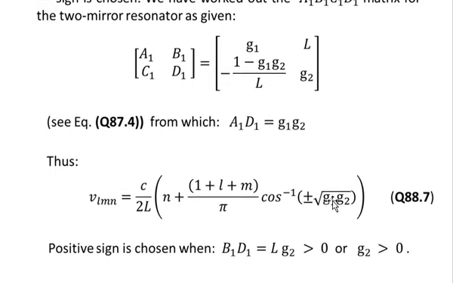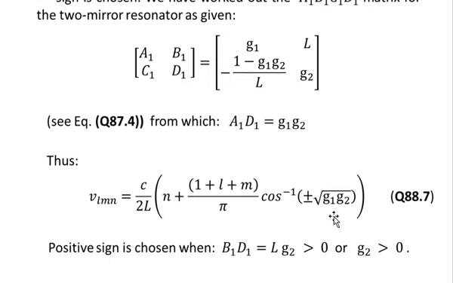And then in terms of the G factors, as shown in equation number 7. So the positive sign is chosen when B1 D1, which is equal to L times G2, is greater than 0. This also implies that G2 is greater than 0, because L is always a positive quantity, the separation between the two cavity mirrors.